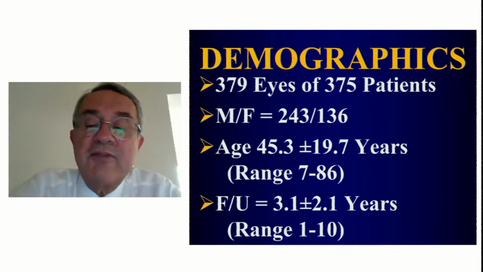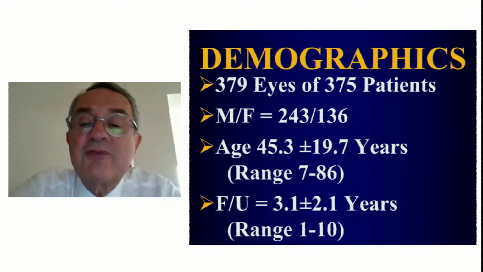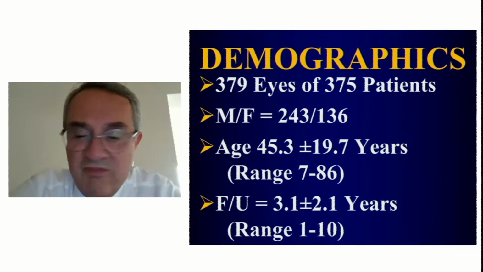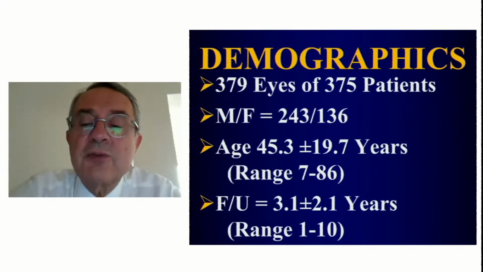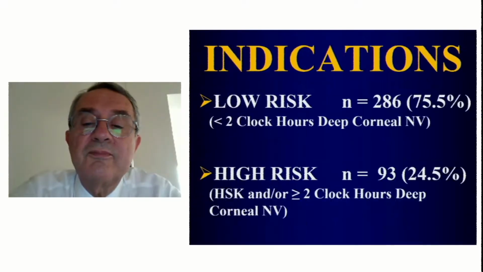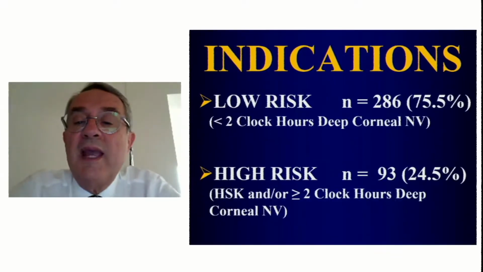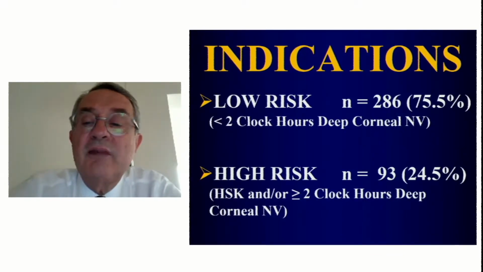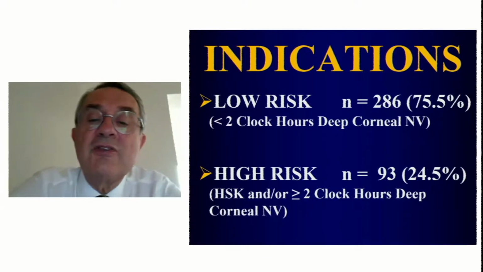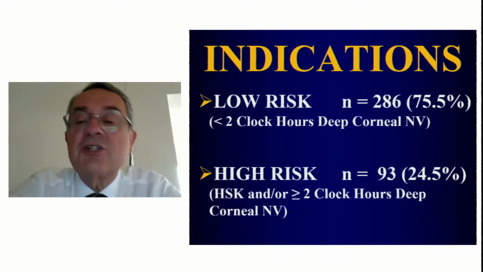Okay, here are the demographics, nothing particular, except that these are young patients because they are keratoconus and post-infectious eyes, so it's rare that they are old. Next one. Although there is one of 86. Next. And we divided the patients between low risk and high risk, according to the international classification: if there are more than 2 clock hours of deep corneal neovascularization, they are considered at high risk.